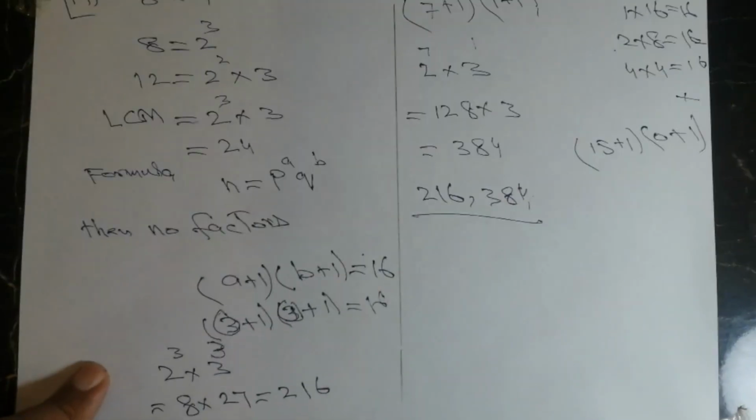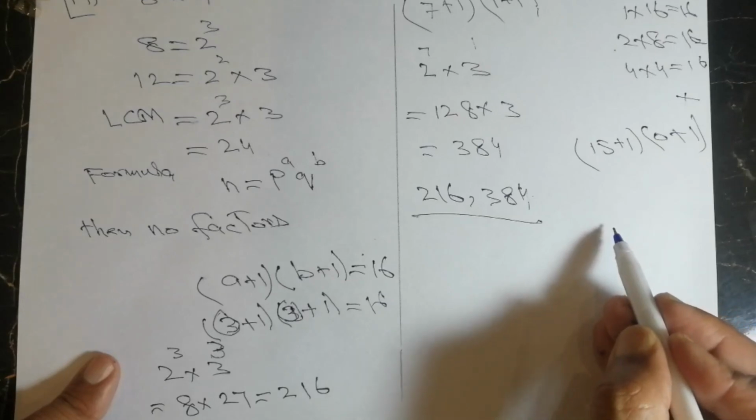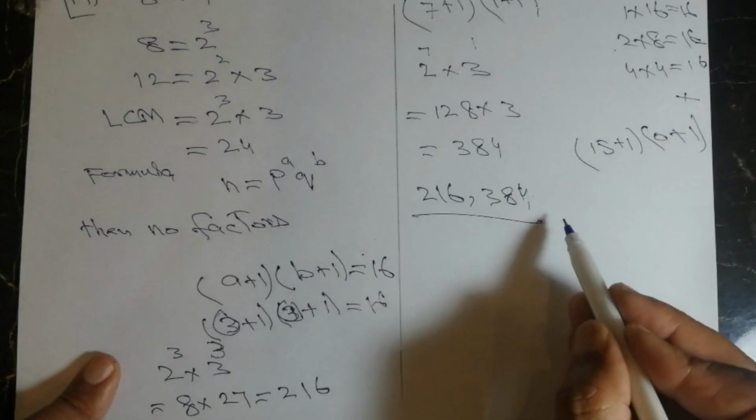So this is actually the final answer, but if you want to make sure, you can find the divisors of 216 and 384.